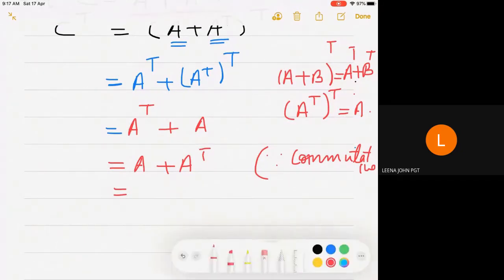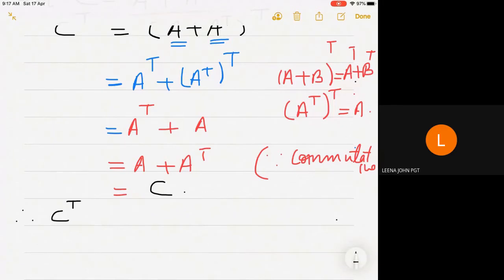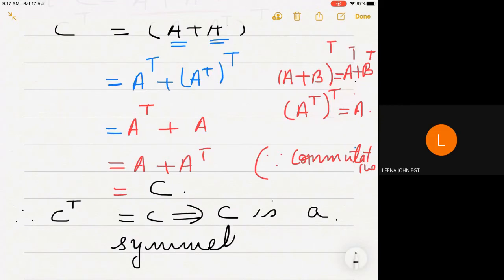So I'm writing it here as C. Therefore what we got is C transpose equal to C. That implies C is a symmetric matrix.